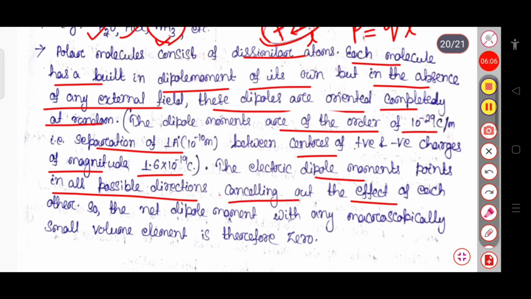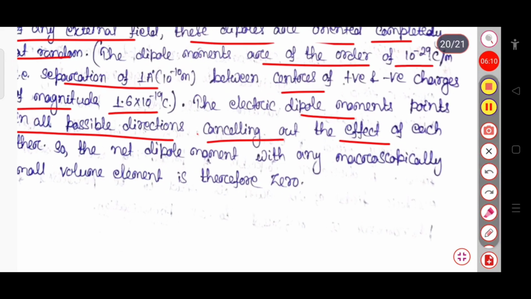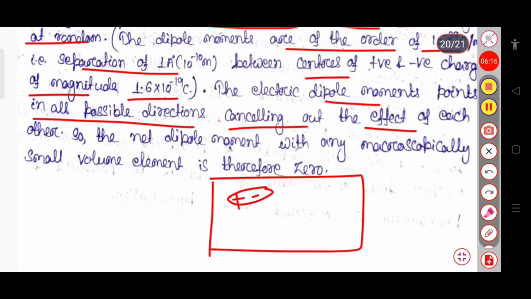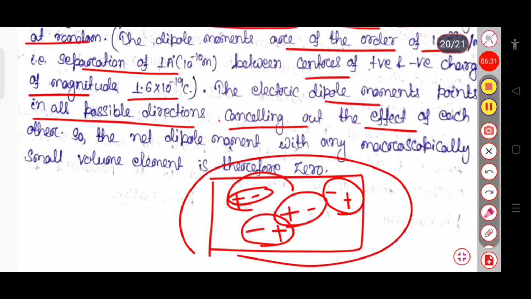So inside this dielectric material, in the absence of the electric field, the dipoles can point in any direction but cancel each other's effect, so the dielectric material itself is neutral in nature.